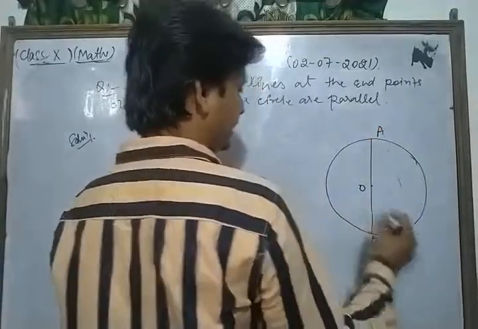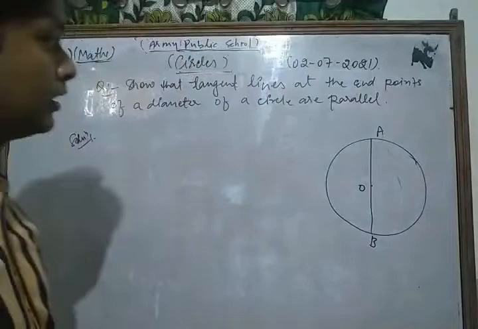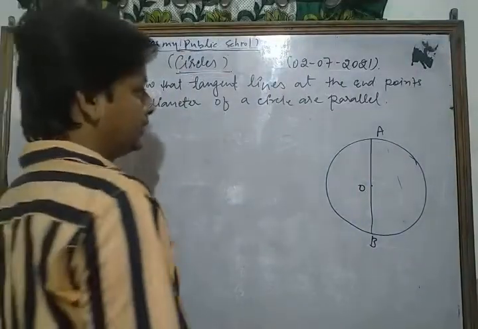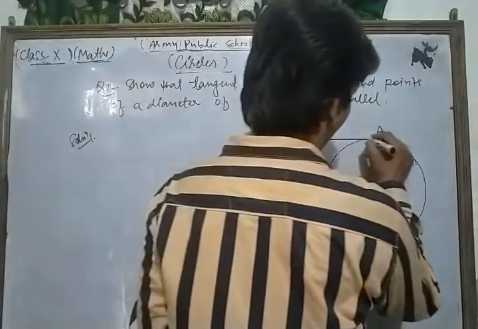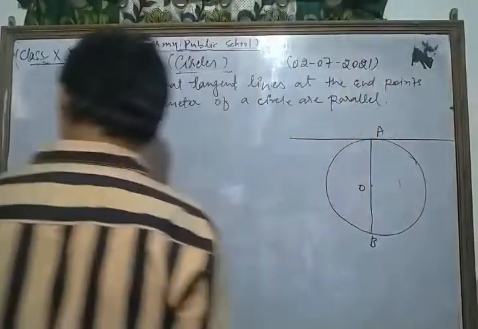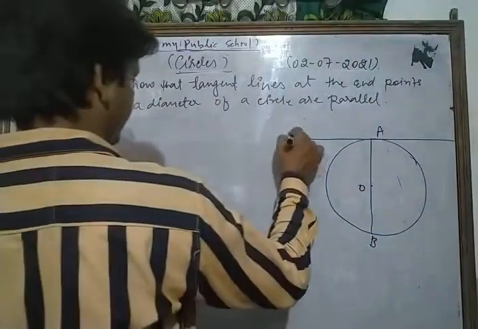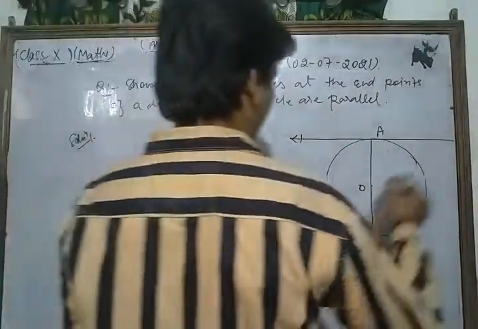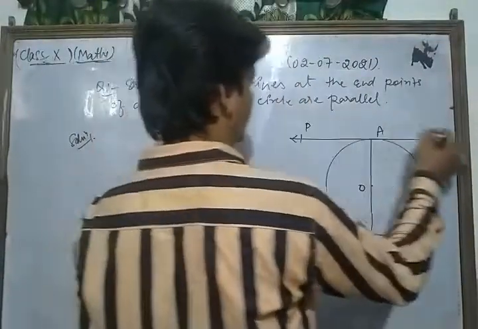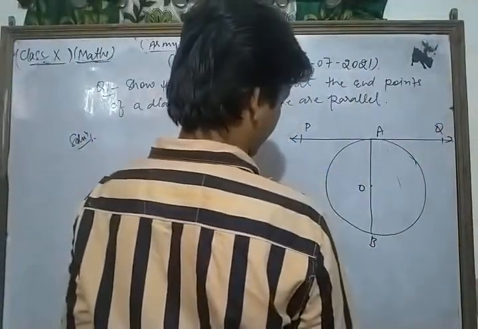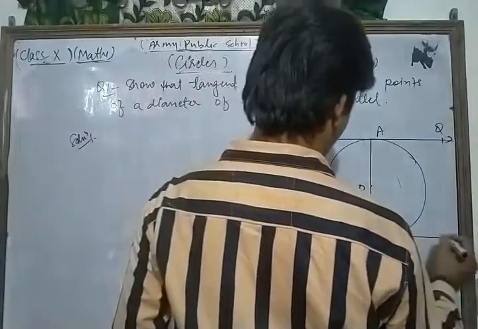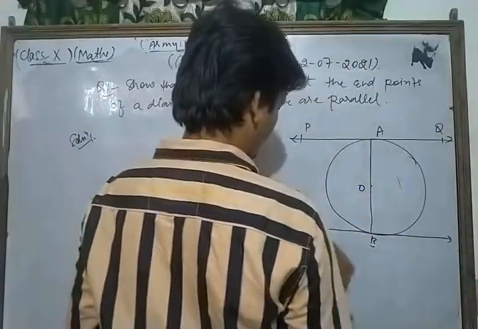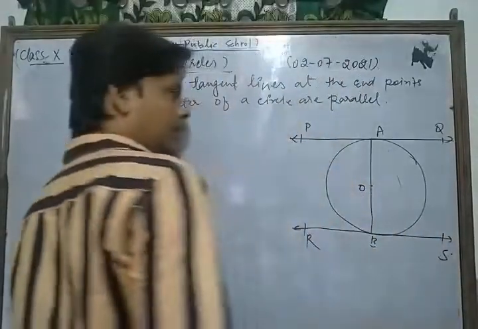Two tangents are drawn from the end points of the diameter. This is the tangent, suppose PQ, and the other RS.